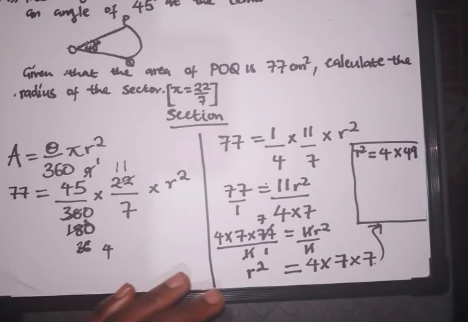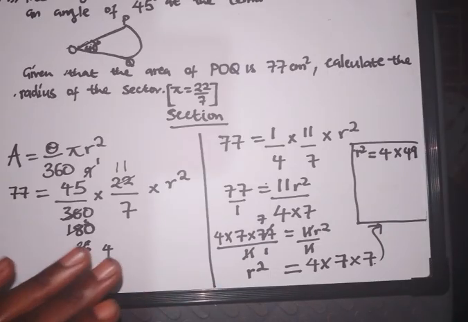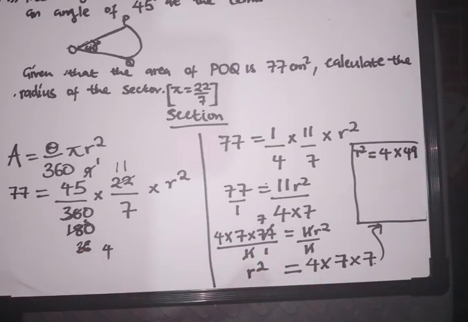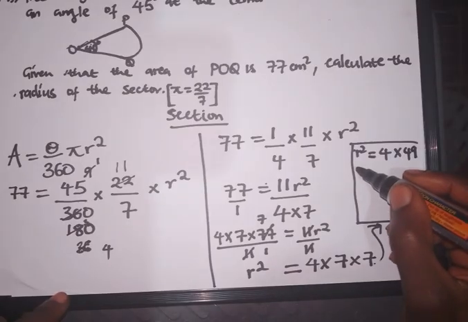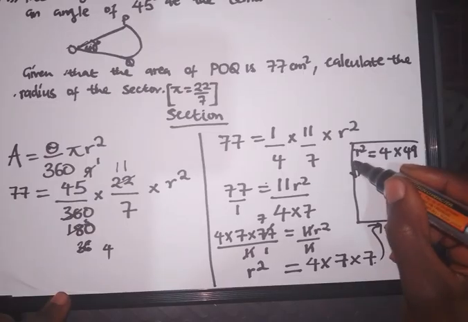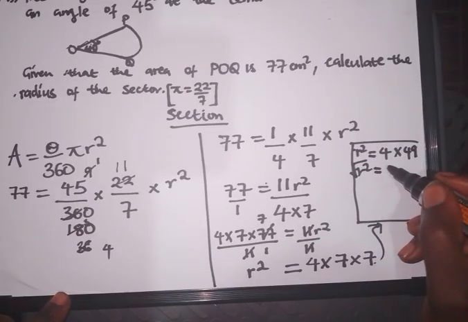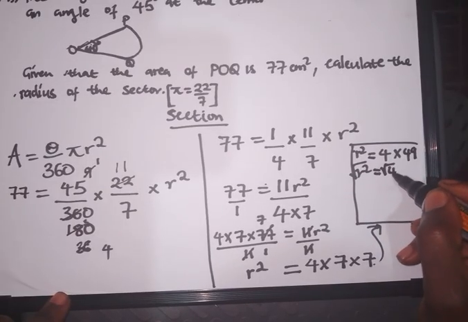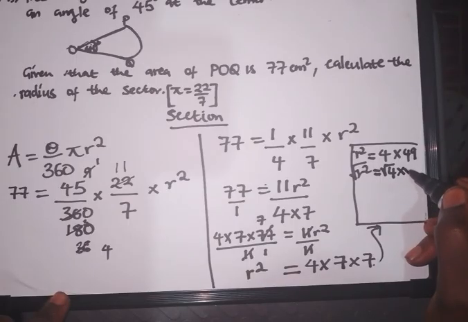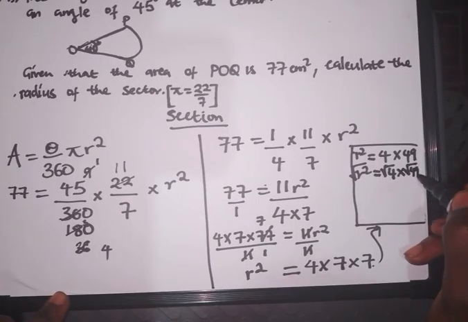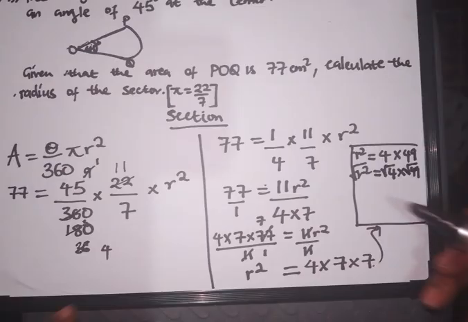So we have r squared is equal to 4 times 49. Now I told you, you can find the individual square root in multiplication, only in multiplication, not addition. So the square root of r squared is equal to the square root of 4 times the square root of 49, because you can find the square root of both.